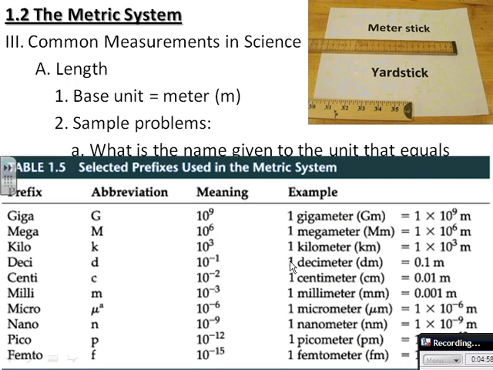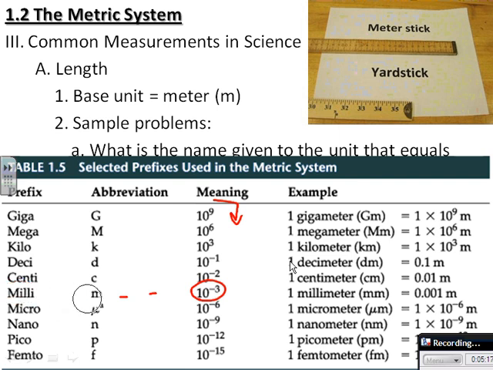So we look at our meaning here. We want to find times 10 to the negative third. And voila, there it is. And if we follow that over, we see that that refers to the prefix milli. So that's the prefix we want to use to answer the question.